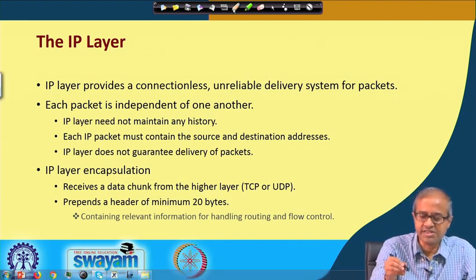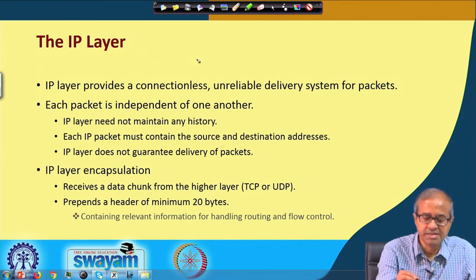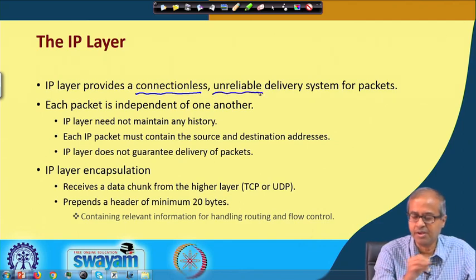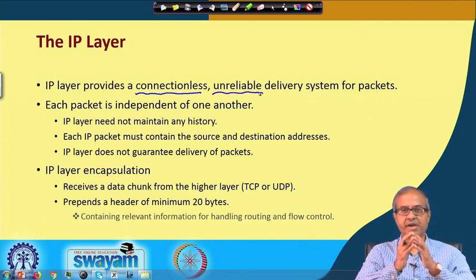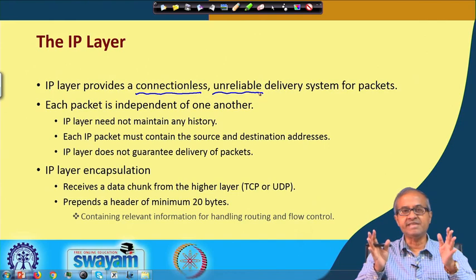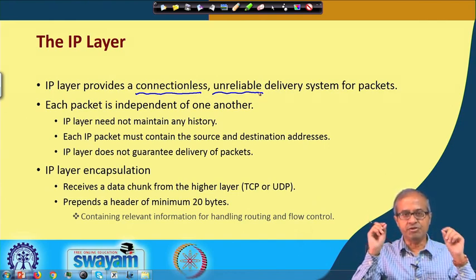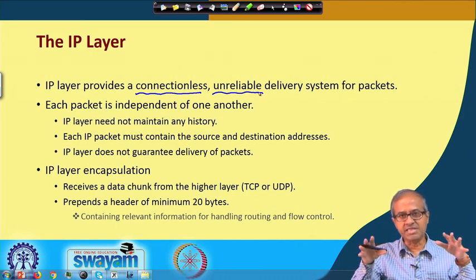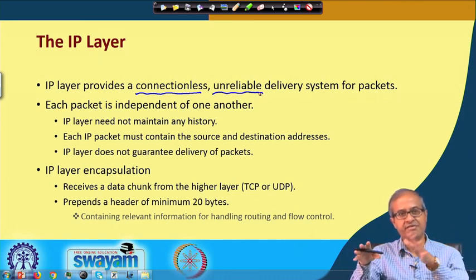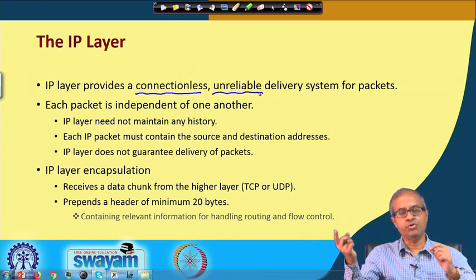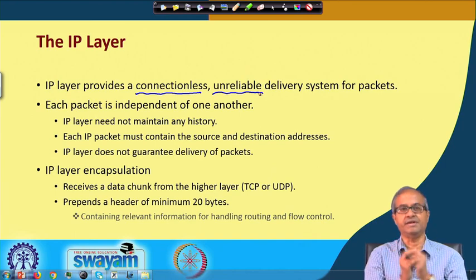So, broadly speaking, the IP layer provides a connectionless and unreliable delivery system for packets. Essentially, it is a datagram service. It is a layer which provides a mechanism for transmission and routing of datagrams from one node to another in the network, in the internet.